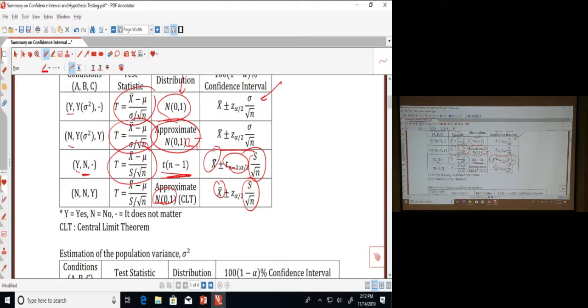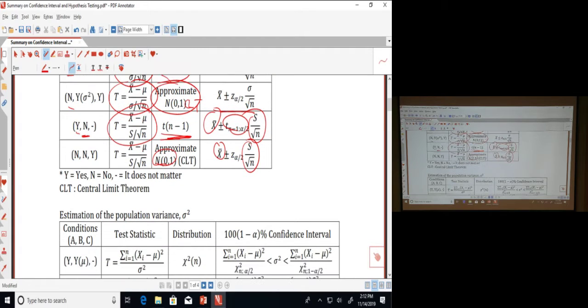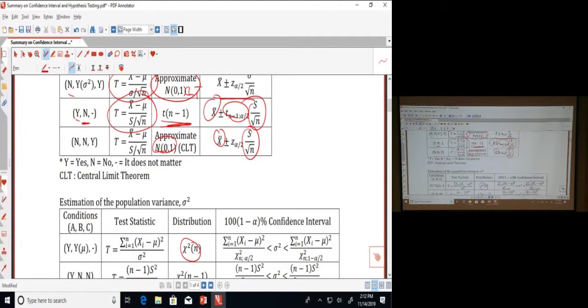So naturally, if it's from a normal distribution and mu is known, then we should consider the summation of xi minus mu squared over sigma squared. This will follow a chi-square distribution with n degrees of freedom. Then this is a chi-square n.